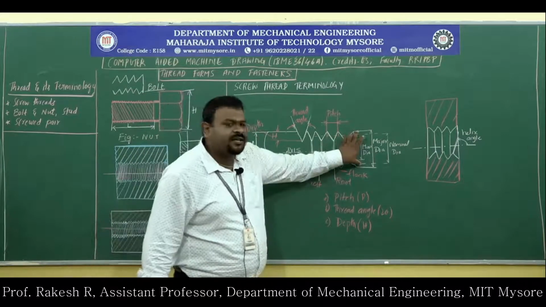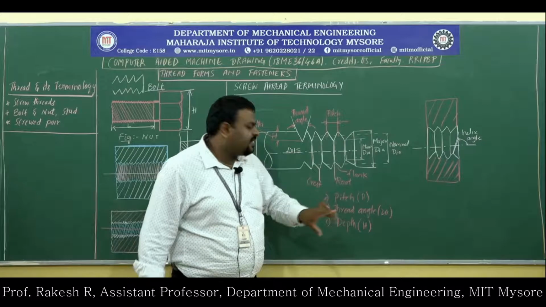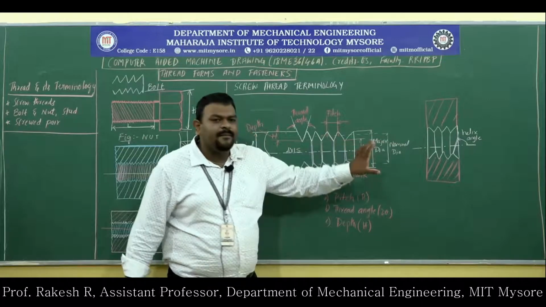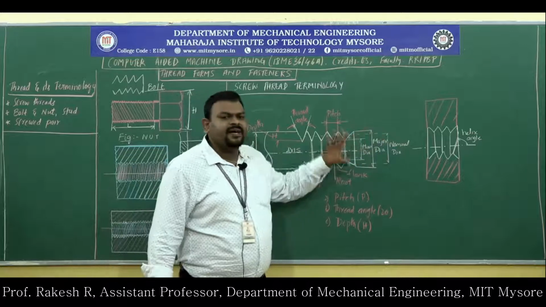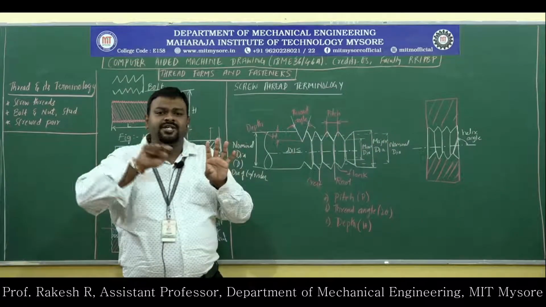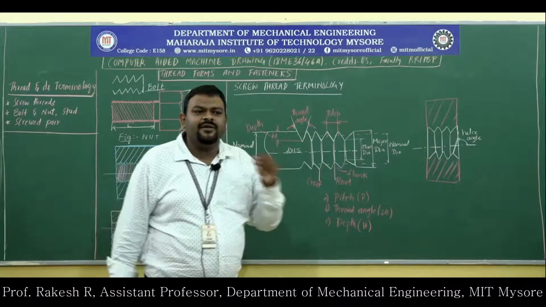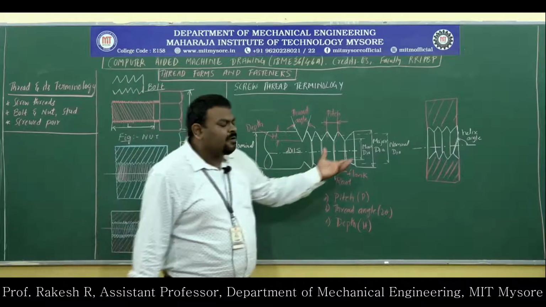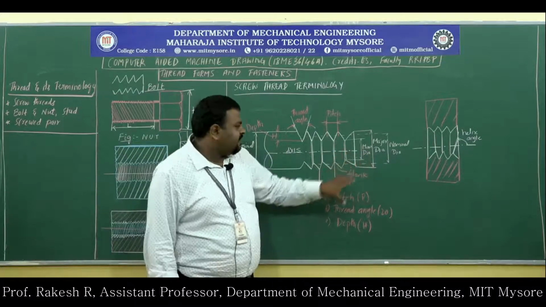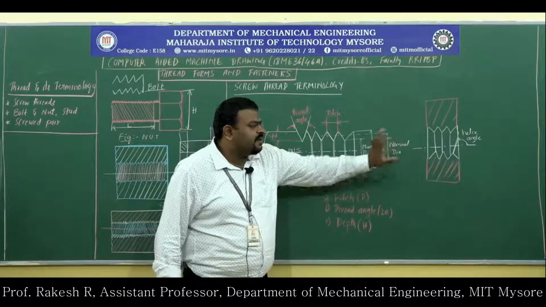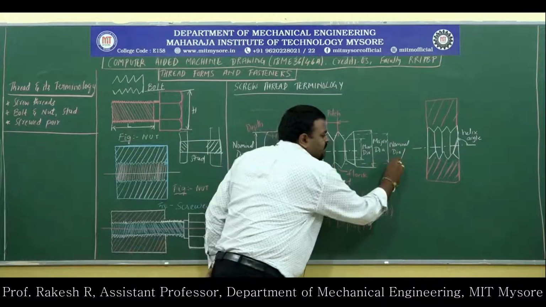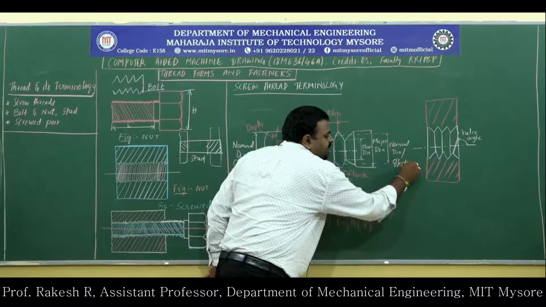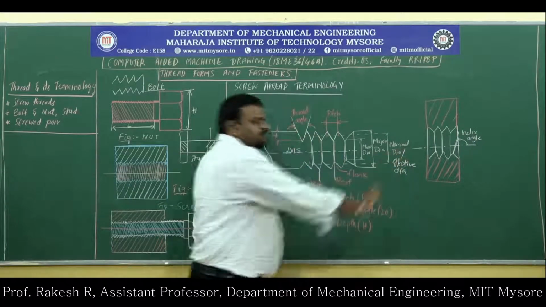So outer to outer distance, major diameter; inner to inner distance, minor diameter. If you take in between major and minor diameter, that is the actual diameter of the cylinder, or nominal diameter. So for ease of understanding, this diameter is nothing but nominal dia, or it can also be called the effective dia of screw thread.